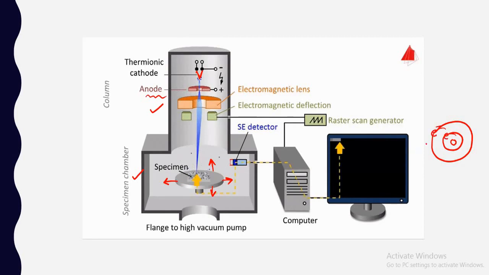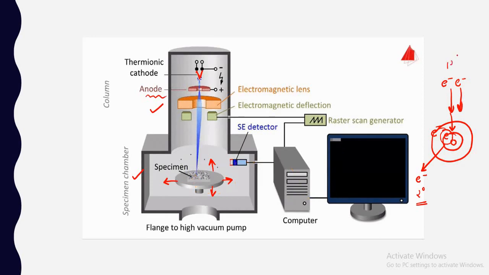When this primary electron beam falls on the atom, the electrons present in this inner shell will get knocked out, because of course they collide with it. These knocked out electrons are known as secondary electrons.